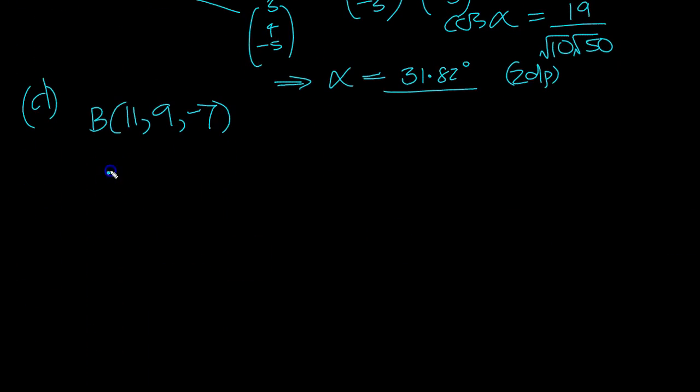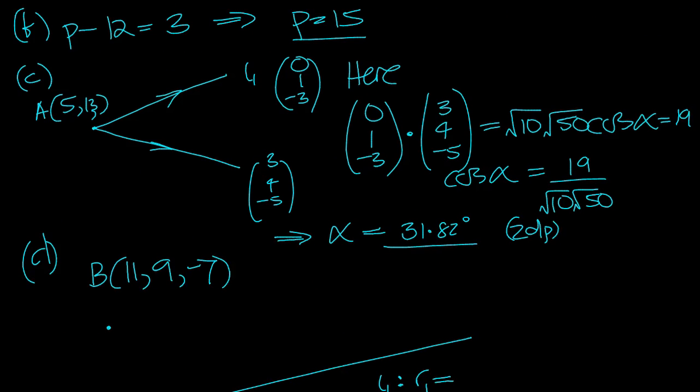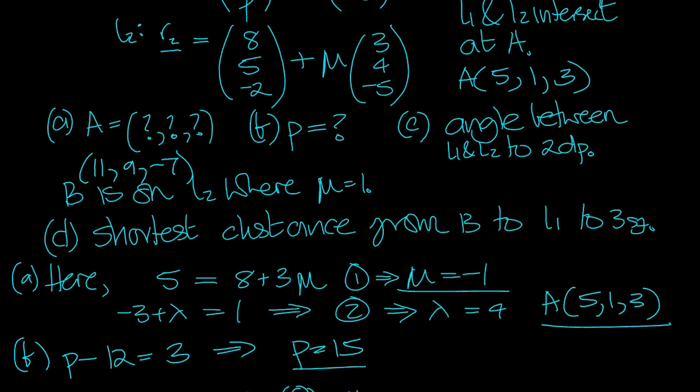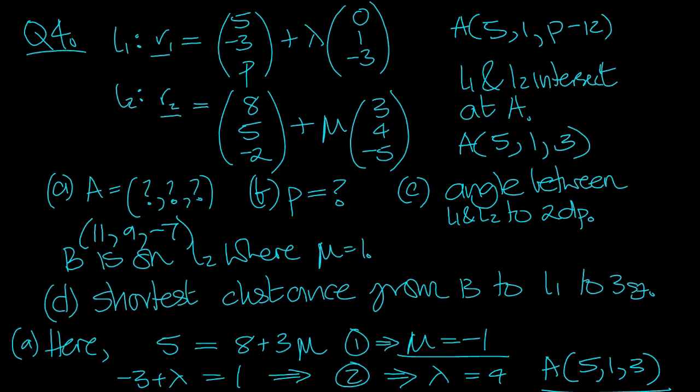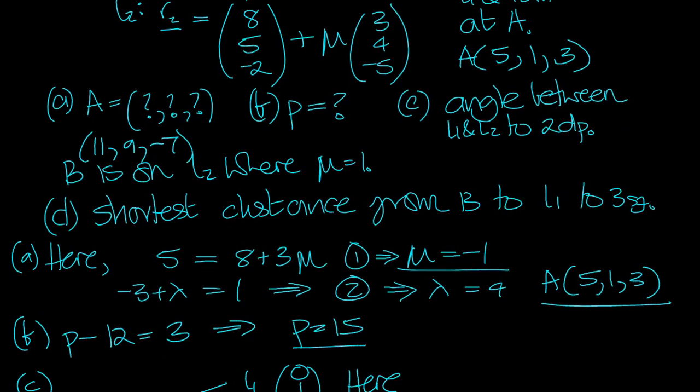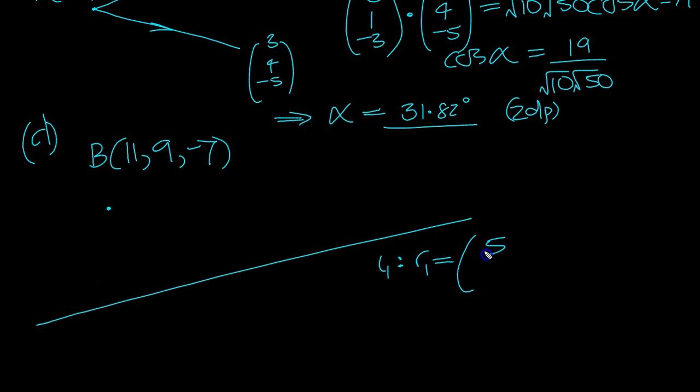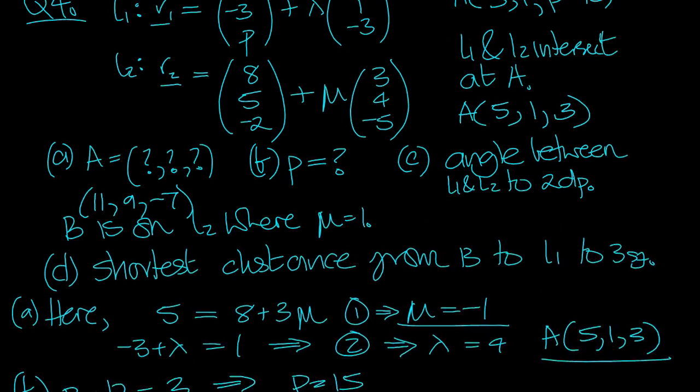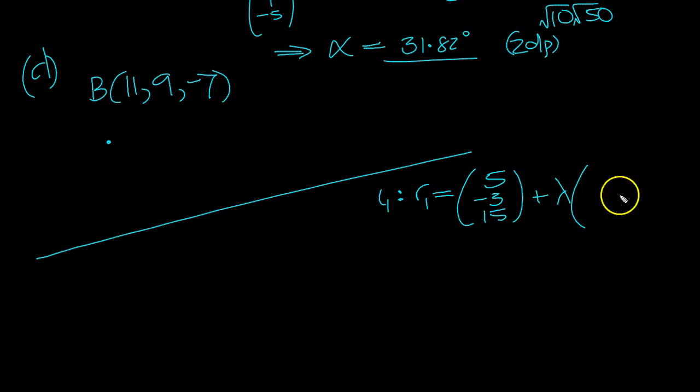So here's the point B then. Here's L1, which is R1, which is equal to 5, minus 3, 15 plus lambda, let's go back up and get it, 0, 1, minus 3.